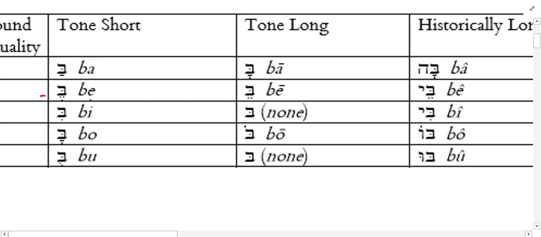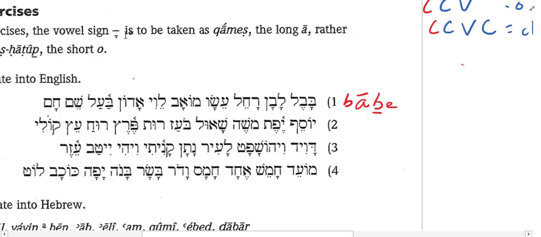Okay, and it is a short E, and that means there's no line above the E. So we don't need to add anything to this E, and then the last letter is a lamed. So we have bavel over here, starting at the top, ba, reading down, bet, kametz, ba, V sound, el, bavel.